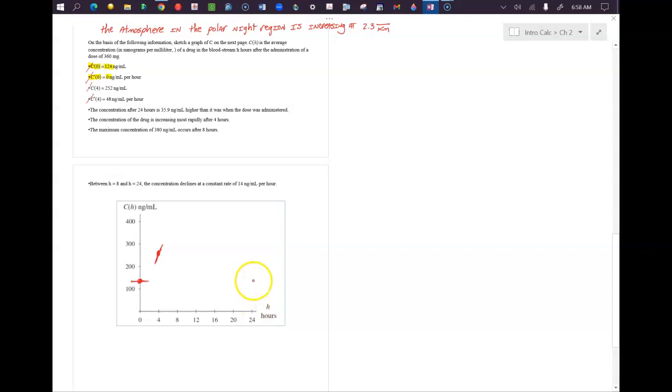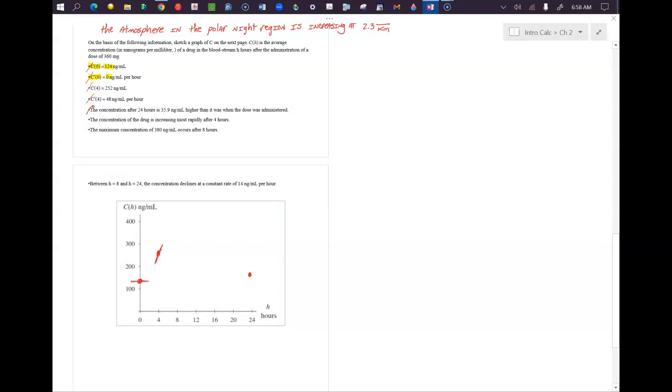So 124 plus 35, that's going to give us 159, I believe. And so we're going to be somewhere about right there. And we've got that bullet item taken care of.